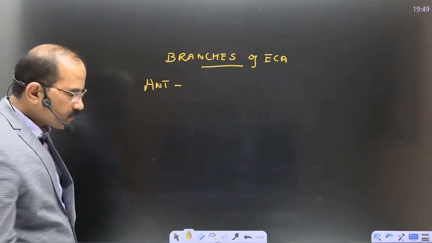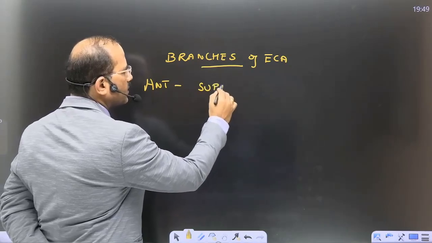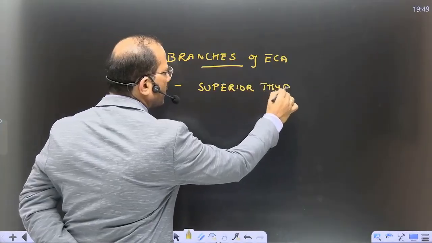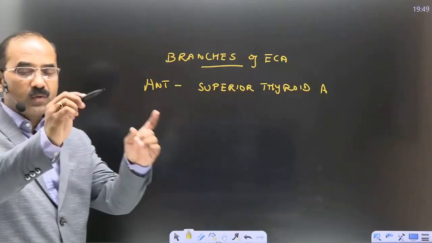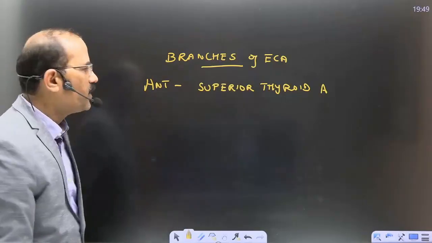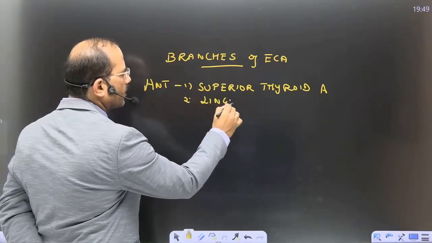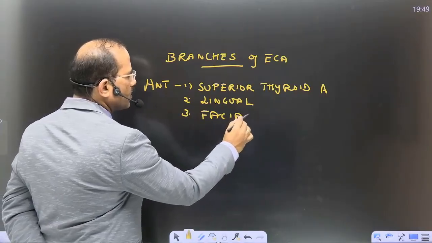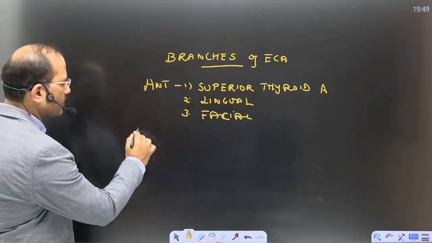The first anterior branch of external carotid is the superior thyroid artery. If the MCQ asks for the first anterior branch, your answer is the superior thyroid. The second one is the lingual, and the third one is the facial artery. These are the anterior branches.